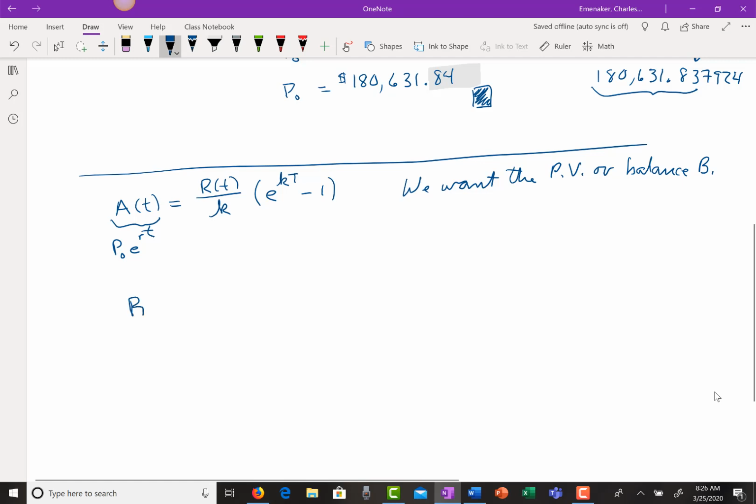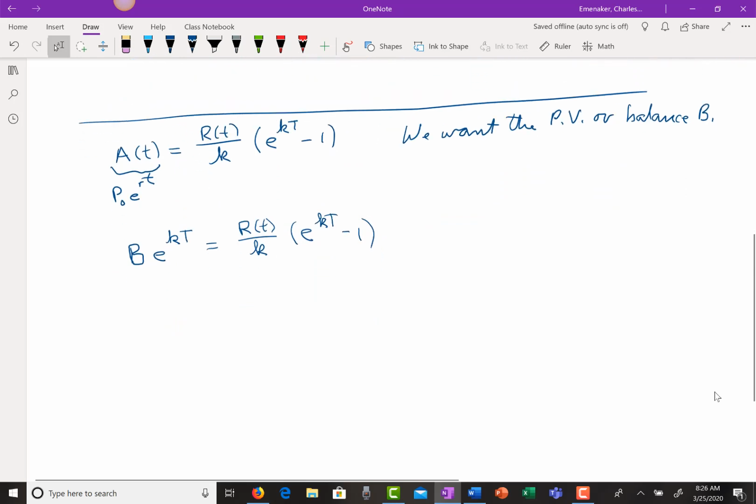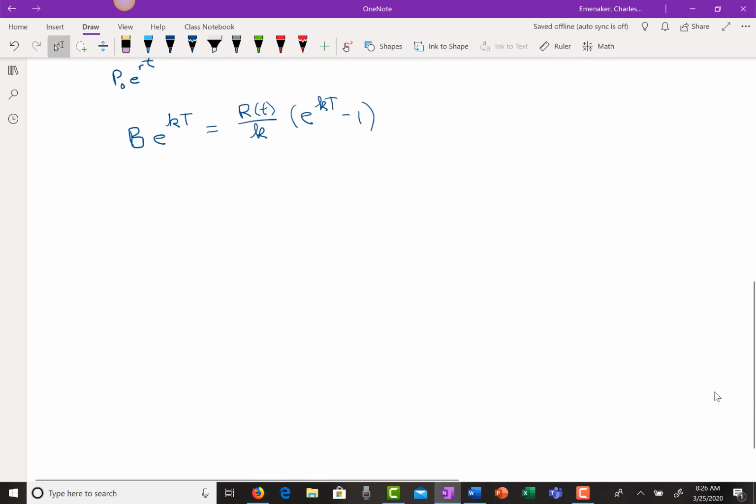So we can rewrite this as our balance, e to the RT, or here I'll use K since the rest of the formula uses K, capital T, equals our revenue stream, K, times e to the KT minus 1. What we want to do in this situation, because we're going to compute the present value, we want to solve for B.